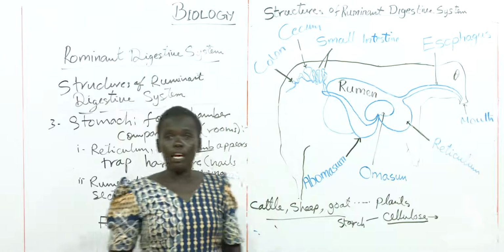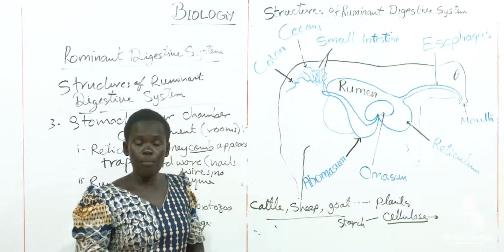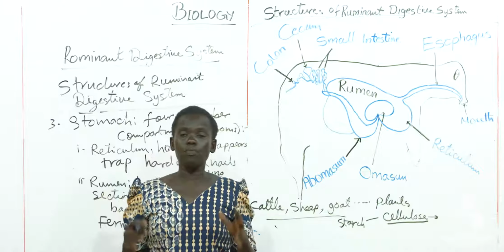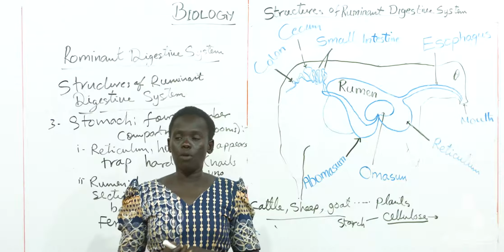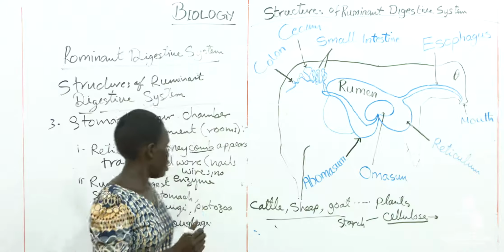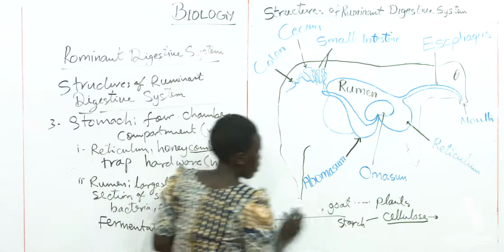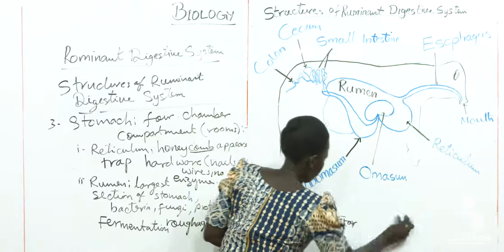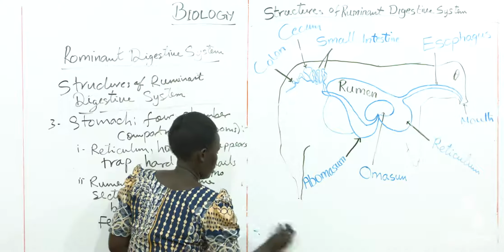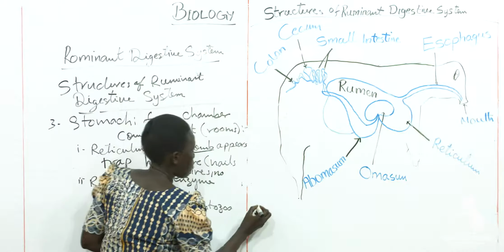Even these organisms, they are the ones making the enzyme, or producing protein and some vitamins like vitamin B. They are the ones synthesizing the protein, because they are the ones making the amino acids.